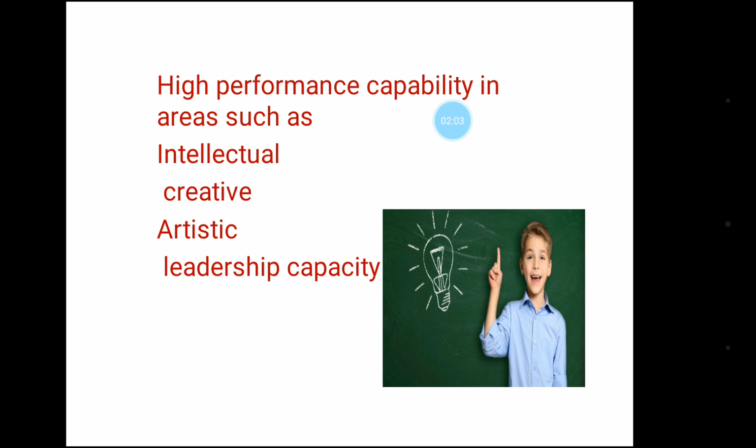They will have more academic achievements, of course, due to their intelligence, and they will be creative. They will have a creative talent, better than their classmates. And of course artistic abilities can be seen among such children, and these children will have leadership capacity.